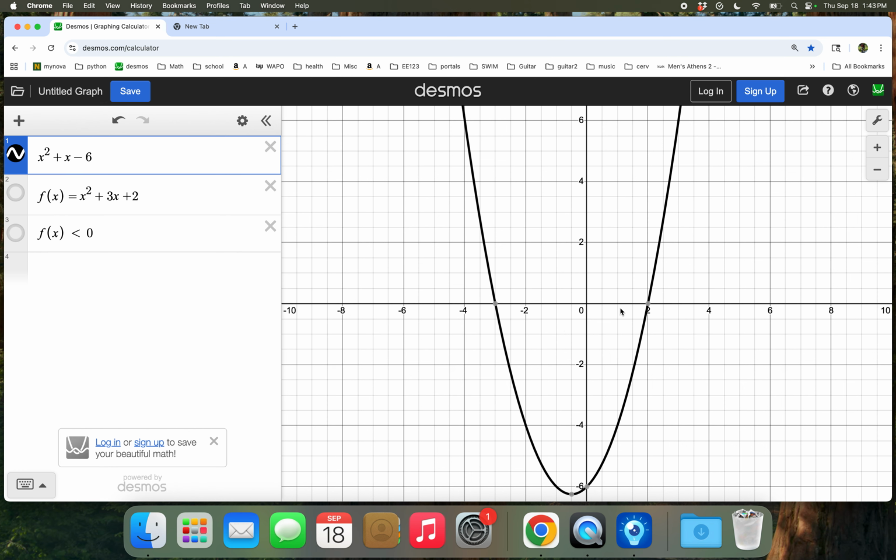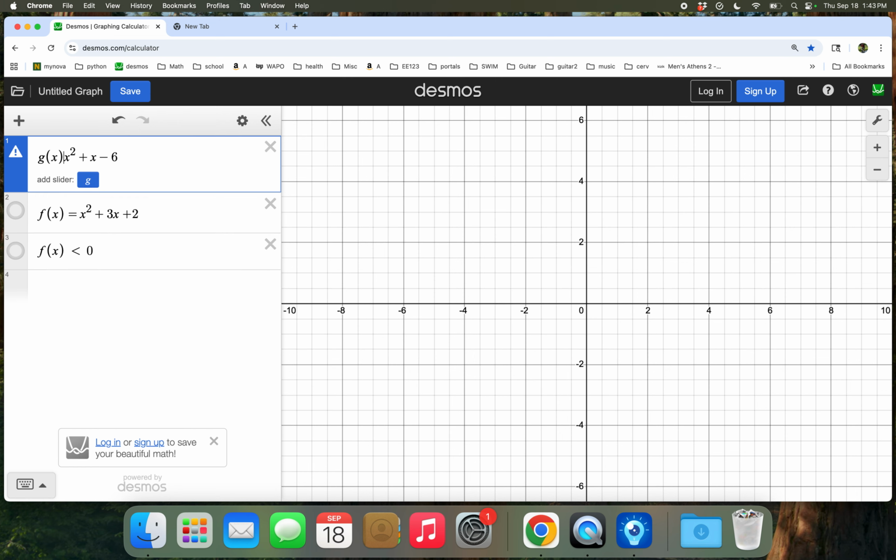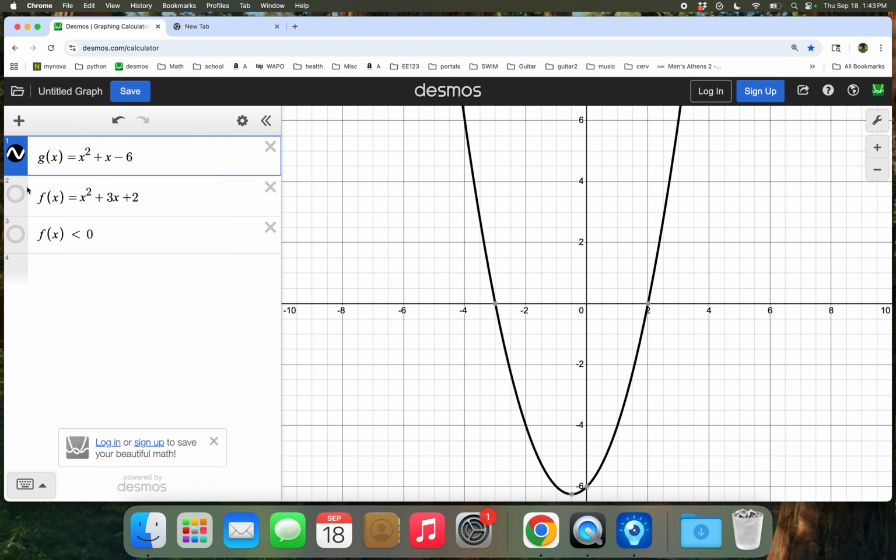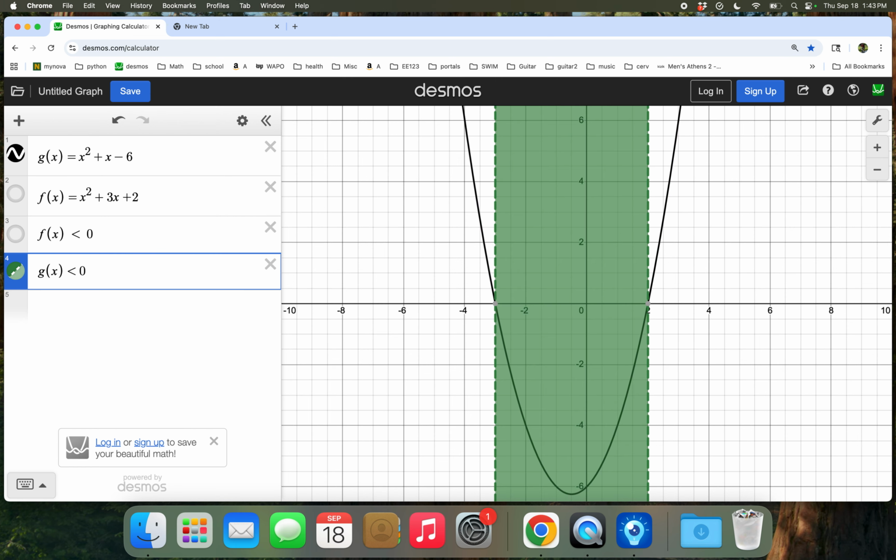Graph it. Of course, we don't have Desmos next Tuesday during our exam. And in fact, if I call this function g of x equal to this, notice what Desmos will do. We get Desmos to solve this. G of x, when is that less than 0? Notice that Desmos gives you a visualization. Less than 0, from -3 over to 2.